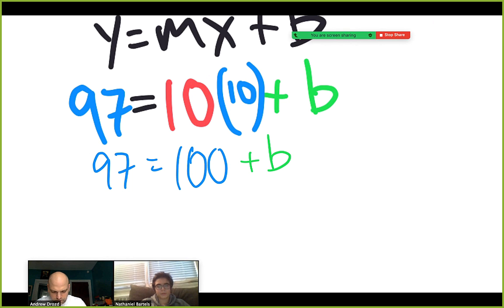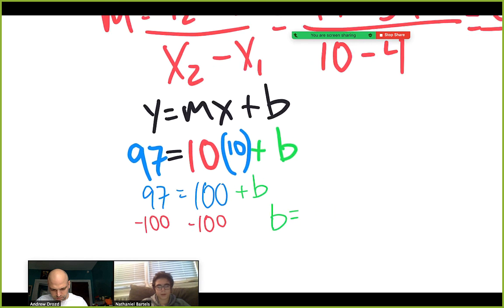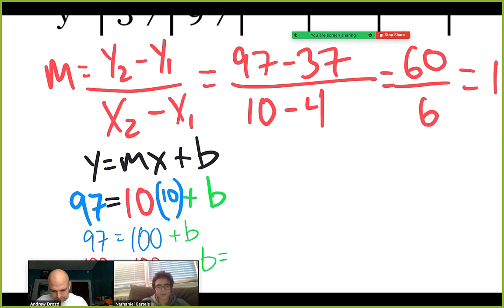How are we going to get rid of the 100? We're going to subtract 100 from both sides. Well done. Negative 100 plus 97 gives us what? Negative 3. So b is negative 3.